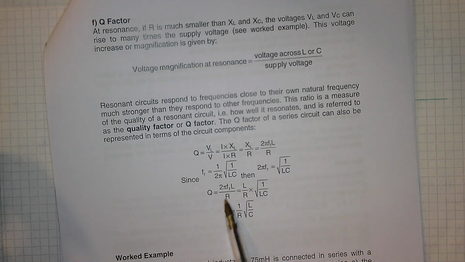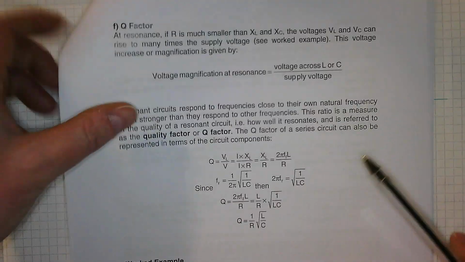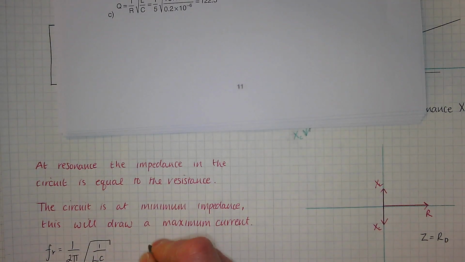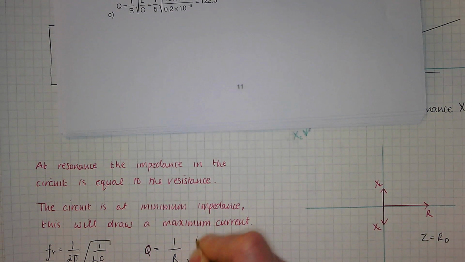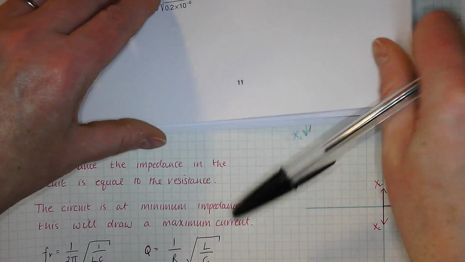And your formula for your quality, your Q factor, is that formula there. Again, to give you the proof, you would never have to work that out. So I'm going to add that in. All based on the values in the circuit. So no complex numbers for this, you'll notice.